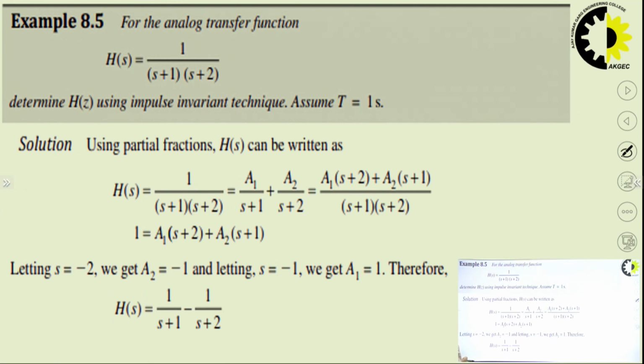What you have to do? Again this is 1 upon s, the linear factor, but you have to solve this first. After that you have to take the H of Z. So at first you do the partial fraction for getting the values of A1 and A2. If you solve, you will get H of S is equal to this one.